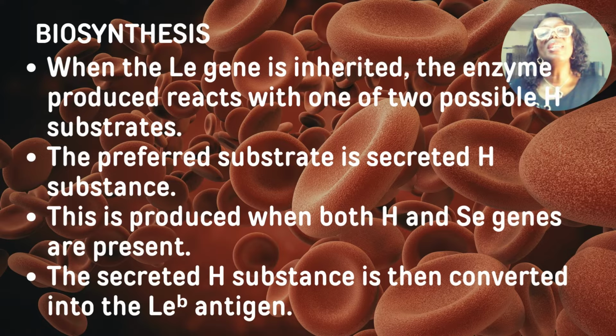When this is so, the Lewis gene produces the enzyme that converts the secreted H substance to Lewis B antigen.